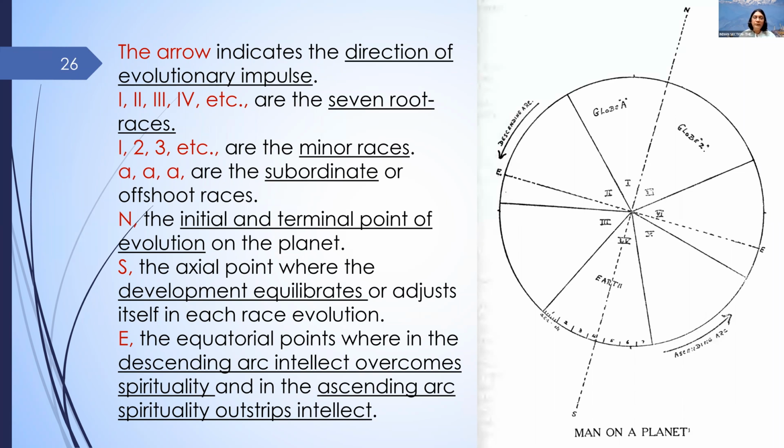I think this was one of the questions in our previous session: will man become more ethereal? And the answer is given here, that yes, this is the ascending arc. Man will lose his materiality and start becoming more ethereal.